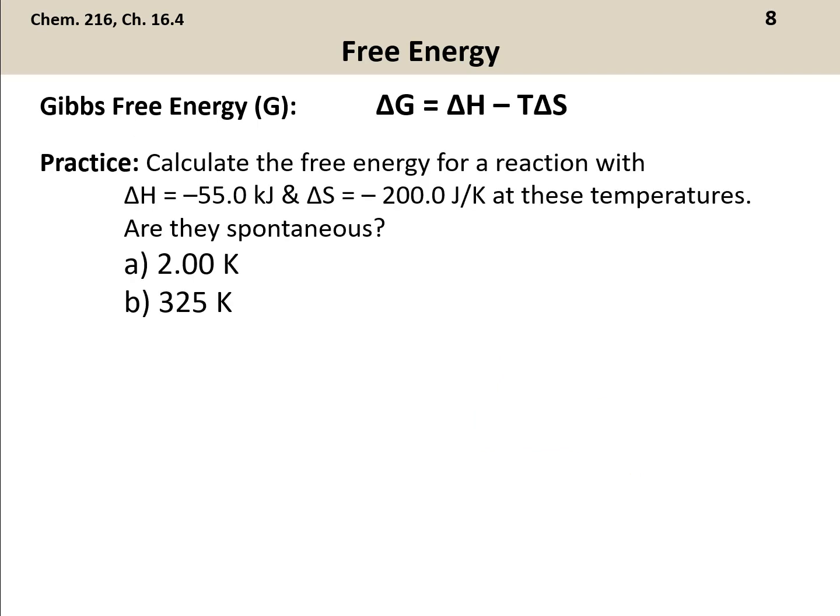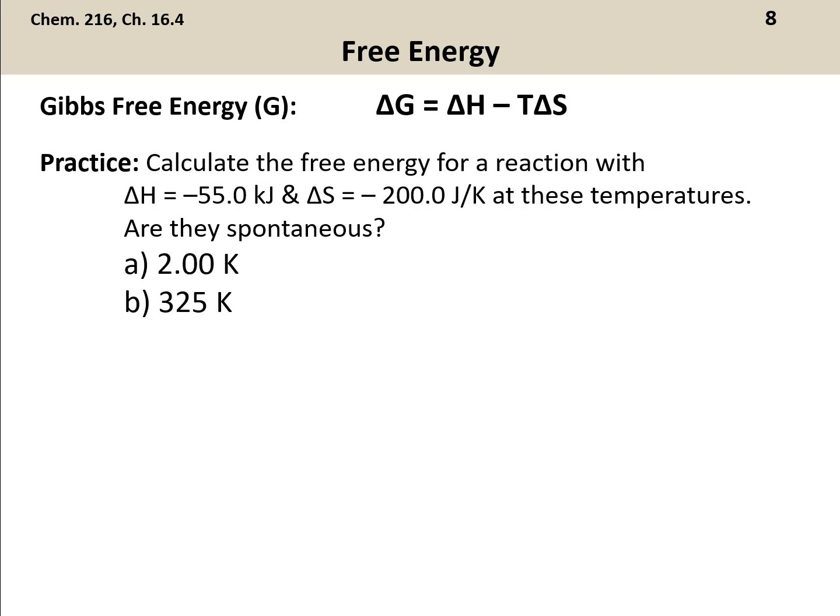All right, so let's move on and let's use this. Delta G equals delta H minus T delta S. So let's say we have some reaction and we're given a delta H and a delta S, and we want to know if it's spontaneous. Well, what we have to do is calculate delta G. So let's look at this reaction under two temperatures.